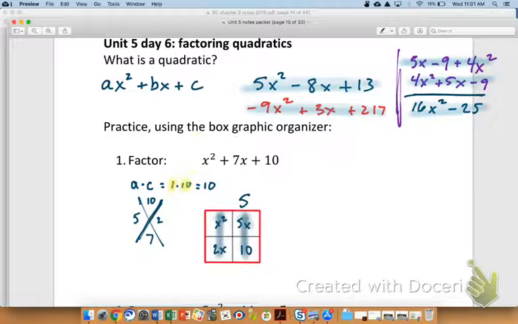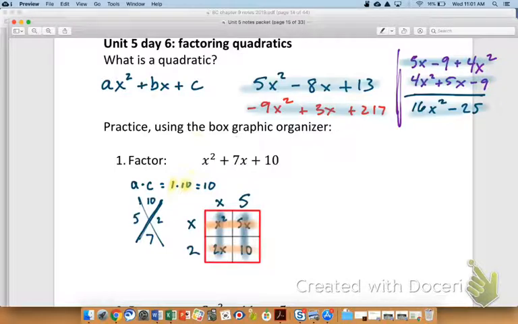This is just like the video. I've got an x times x and I've got a 2 times x. They both have an x. So that's my GCF. And then I factor from right to left along here. What's in common between x squared and 5x? Correct. What's in common between 10 and 2x? 2 is correct.